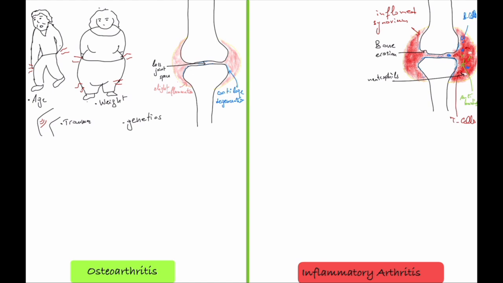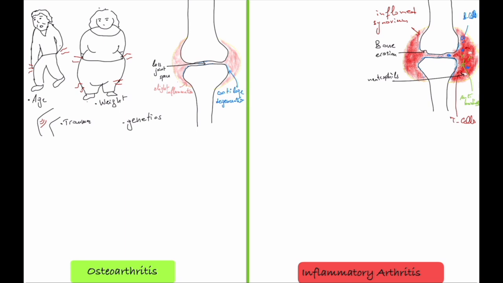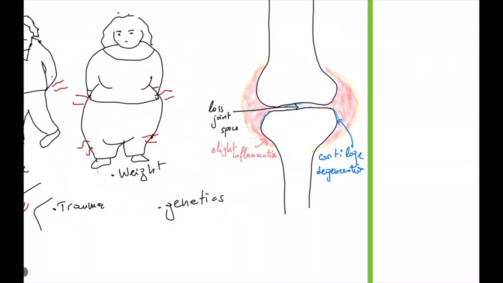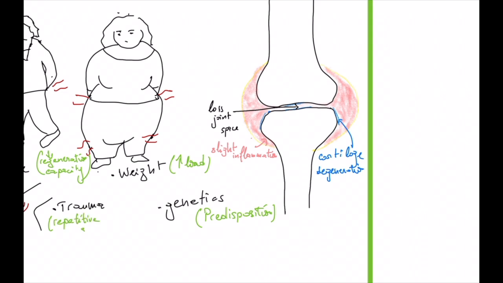Now, onto the pathophysiology, starting with mechanical or osteoarthritis. There are several risk factors for this condition, including age, which lowers the cartilage's ability to regenerate, weight, which puts mechanical pressure on the joints, increasing the load, genetics, as some individuals are naturally more susceptible to joint degeneration, and of course, repetitive trauma, typically from physical activity.